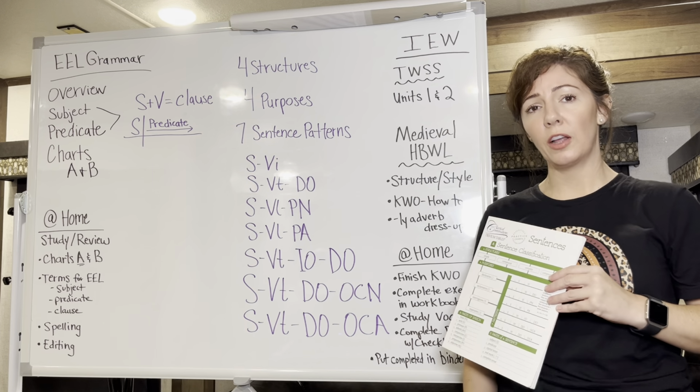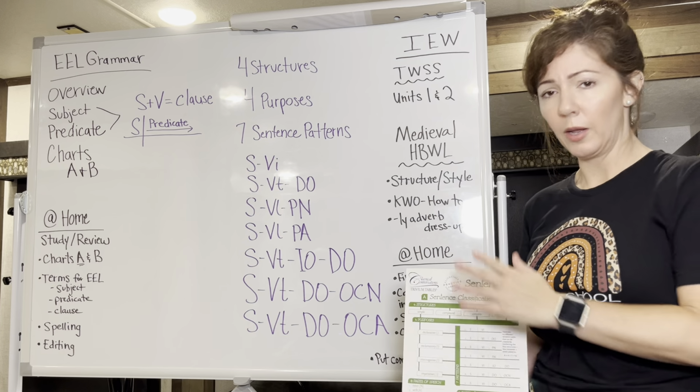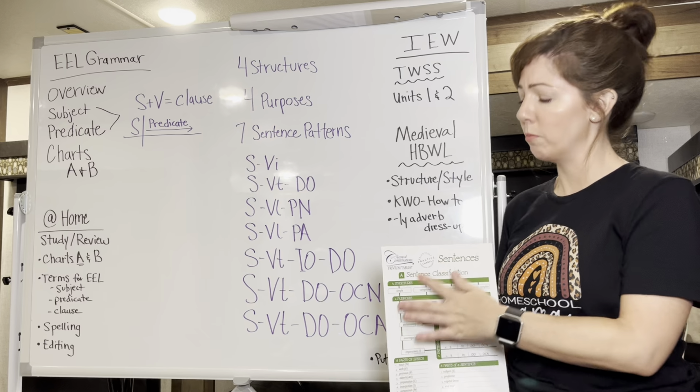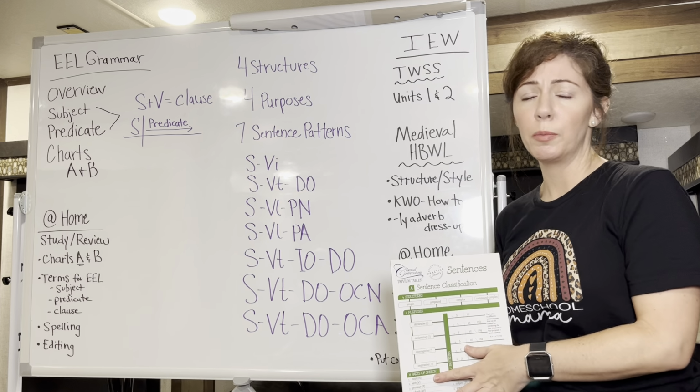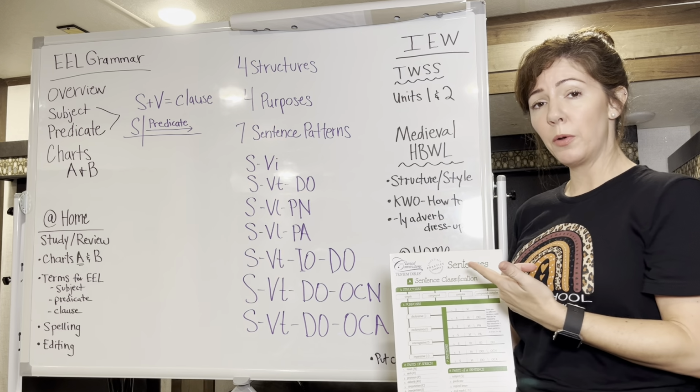Our review for Classical Conversations, I know this is glary because it's laminated, but chart A. You should have your chart A at home, so having your chart A right now would be awesome, because that's what we're going to be going over.